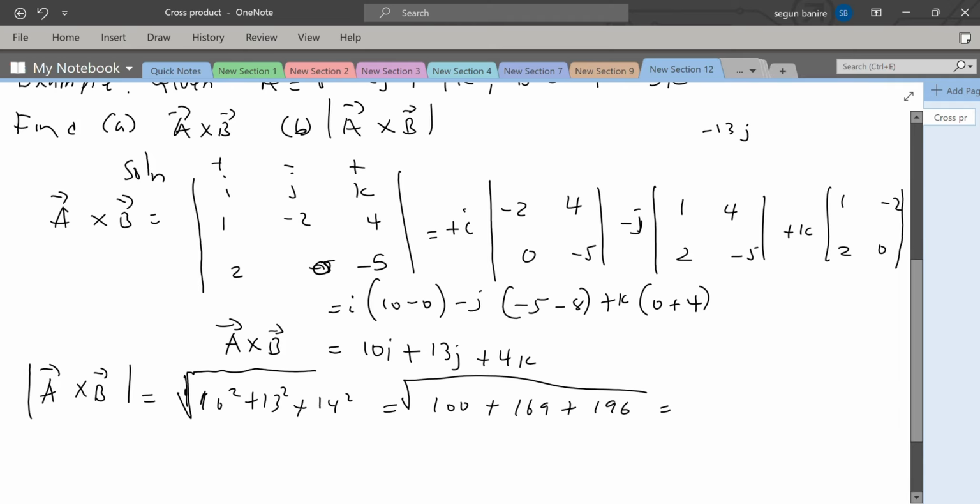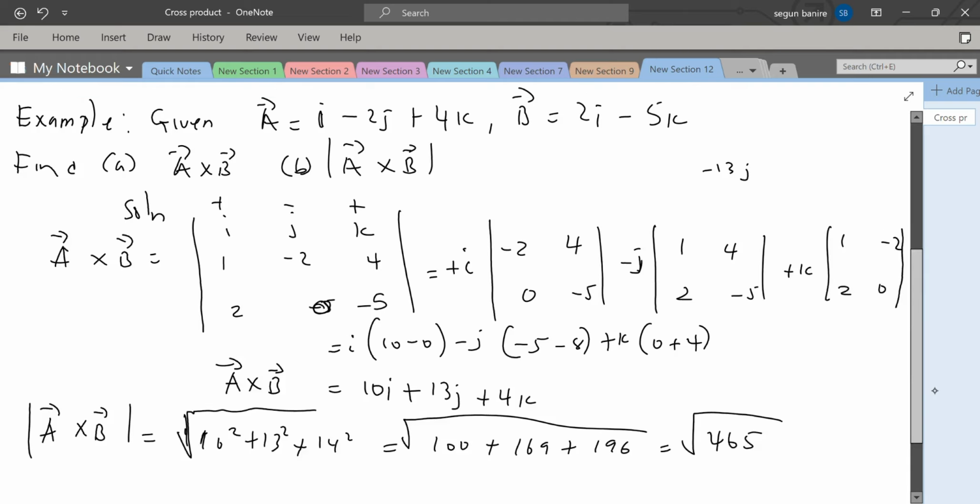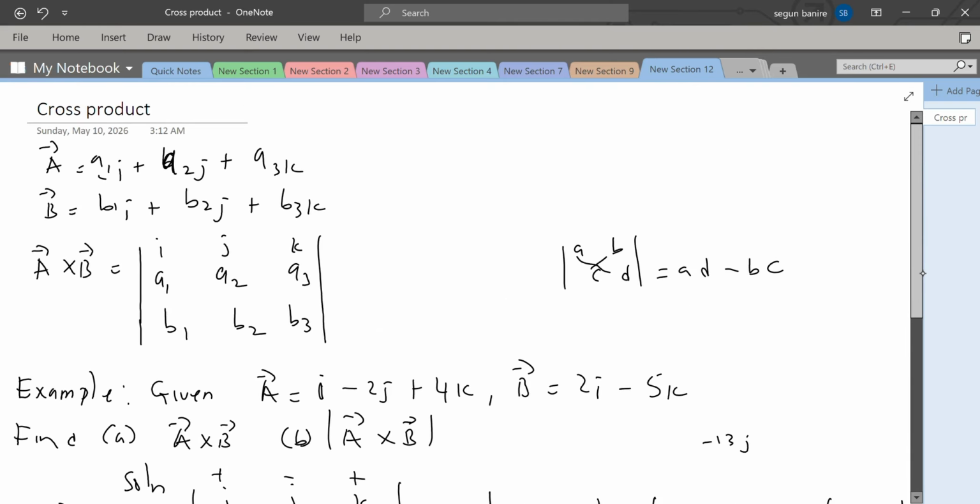So we have 100 plus 169 plus 196, which gives 465 under the square root. This is what we call the magnitude. Okay, so this is for cross product.